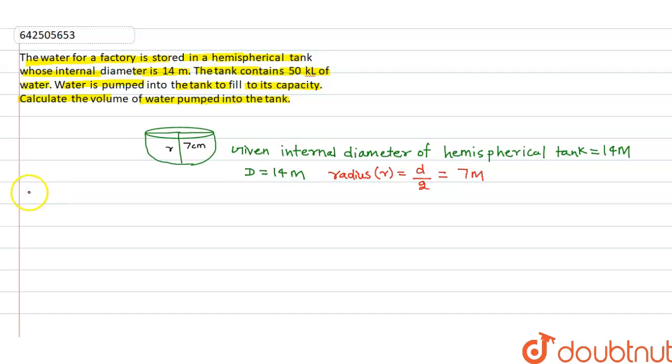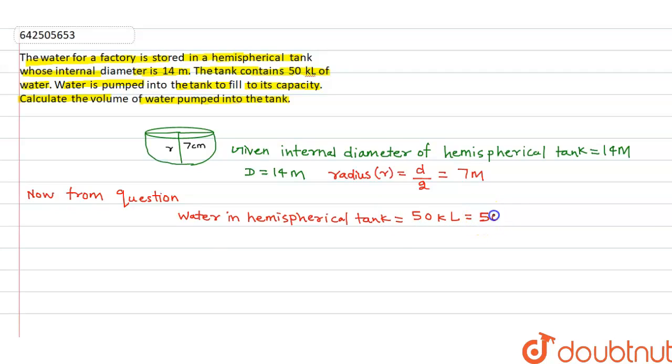Now from question, water in hemispherical tank is 50 kiloliter, which is equal to 50.